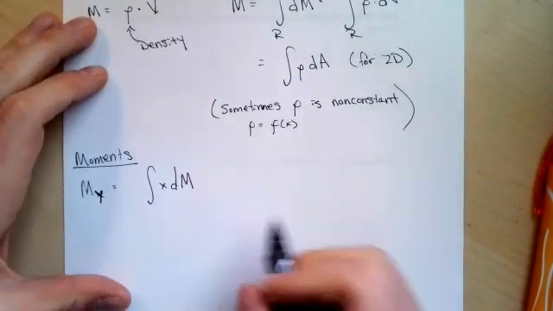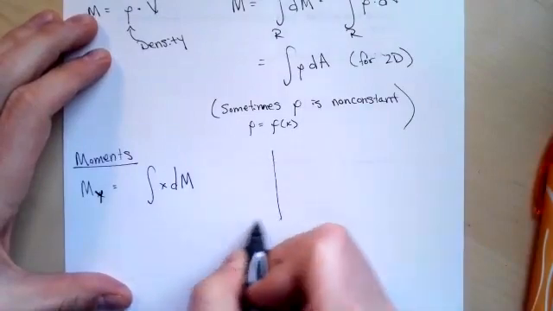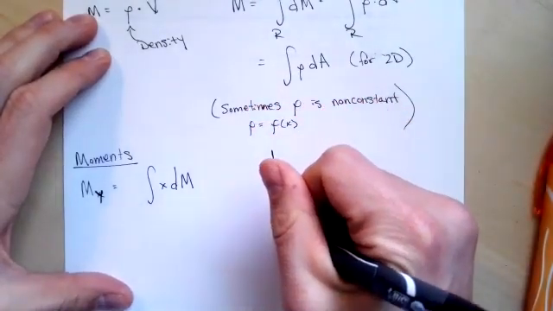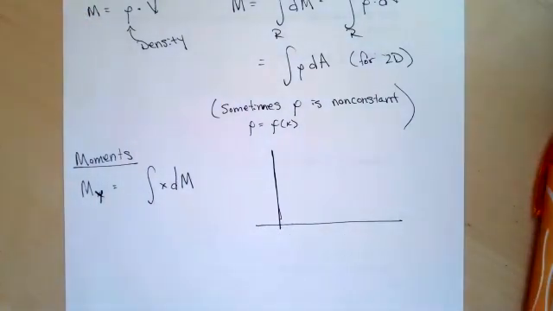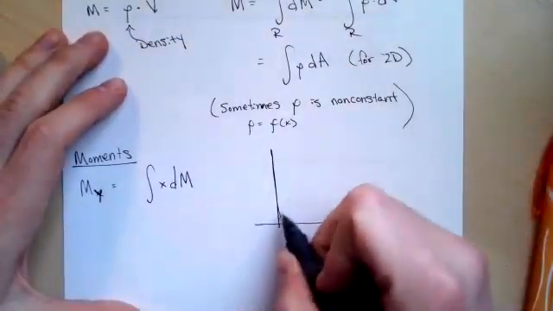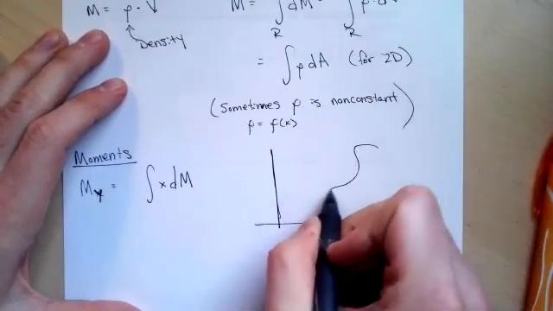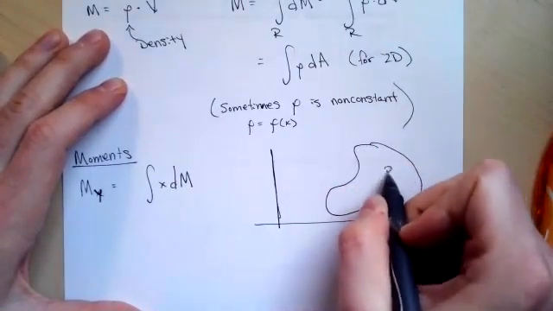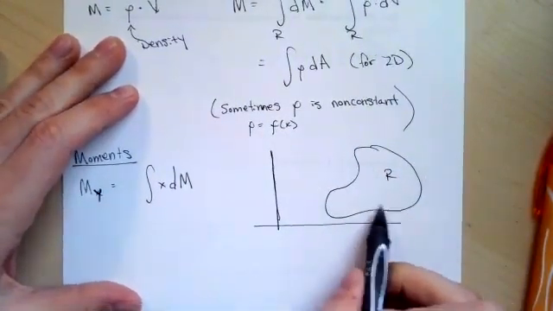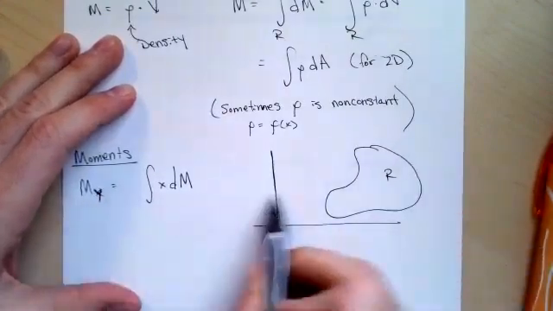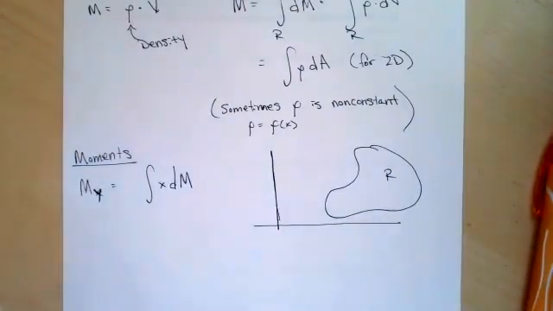What do we mean by this? So what's happening with these moments? Moments in some sense measure moments of inertia. It's the amount of resistance, so to speak, in terms of rotating about a given axis. So if we have some shape, let me draw a different one here. And this is our R. If I were to rotate this entire shape around the y-axis, some of it would be harder to rotate than others in some sense.